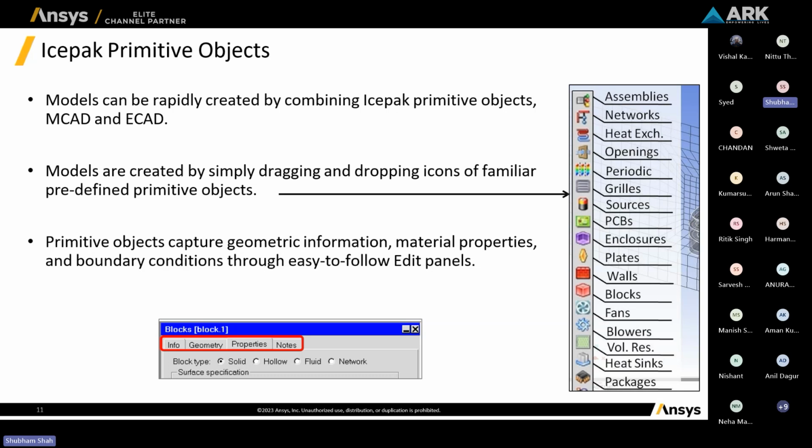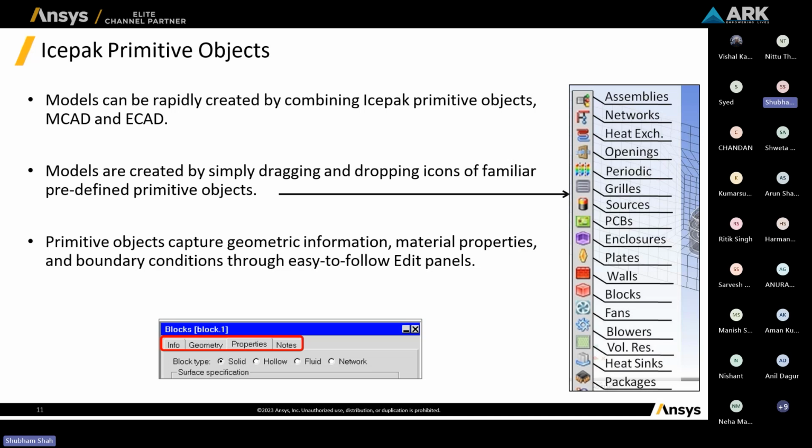Otherwise, you have the option of MCAD and ECAD. When it comes to MCAD, if you already have a 3D object, you can take that object to Ansys SpaceClaim, and from there you can convert it to Icepack compatible geometry, and then import it into Icepack. Otherwise, you also have the option to create the geometry in Icepack itself.